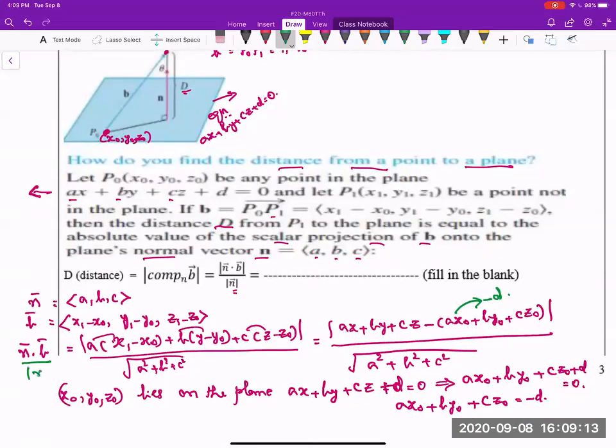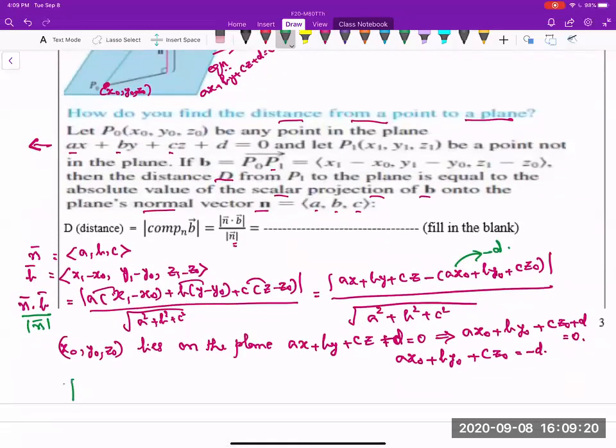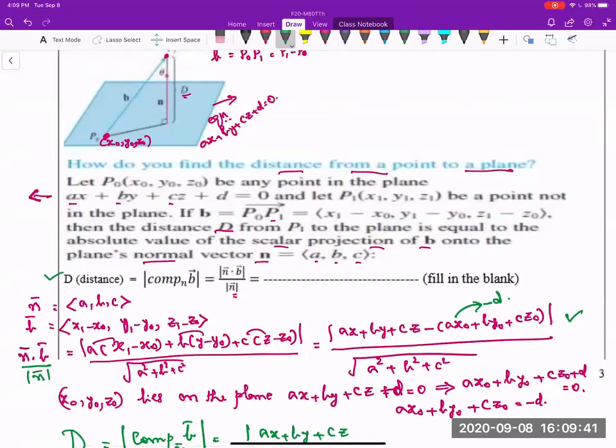a projection n dot b over length of n, which is the component of b onto n. So the distance, that's what I'm looking at, which is the component of b onto n, absolute value of that, is from here, it's ax plus by plus cz. But here, instead of x, y, z, we should have written ax1, by1, cz1, because here we see x1, y1, and z1.